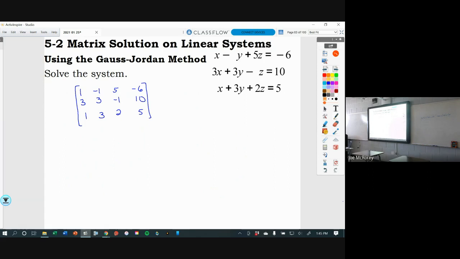Element 1 of row 1 needs to be made into a 1. Are we good? Yes. Step number 2, using that 1, we need to make the other ones turn into zeros. I'm gonna use multiple colors on this one because we have a lot of stuff going on. Okay, so we are currently happy with row 1. Row 1 is 1, -1, 5, and -6.